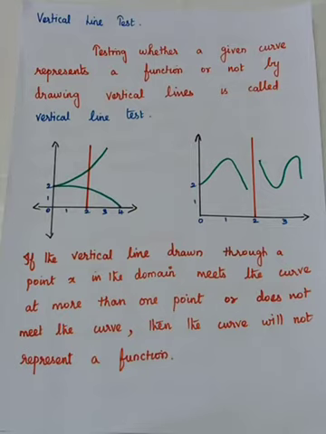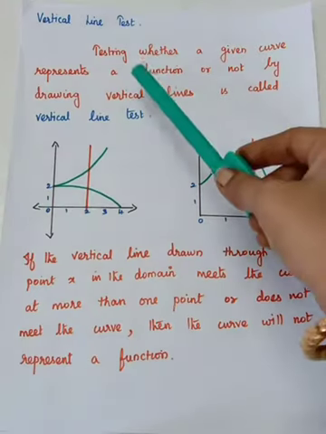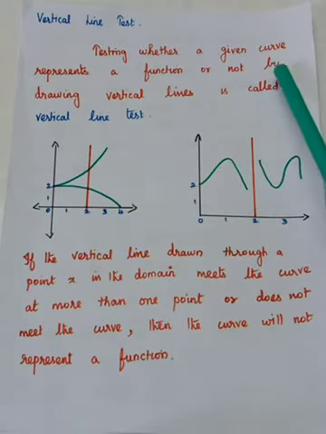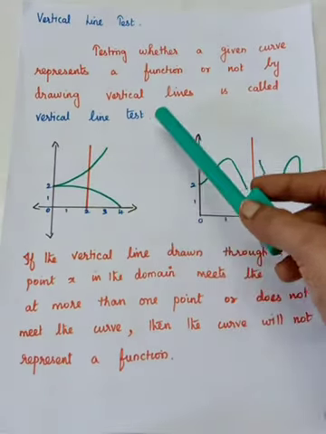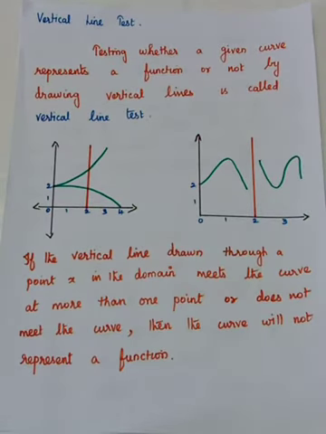So what is the vertical line test? Testing whether a given curve represents a function or not by drawing vertical lines is called the vertical line test. By drawing vertical lines on the given curve, according to the meeting point of the vertical line with the curve, we can say whether the given curve represents a function or not.